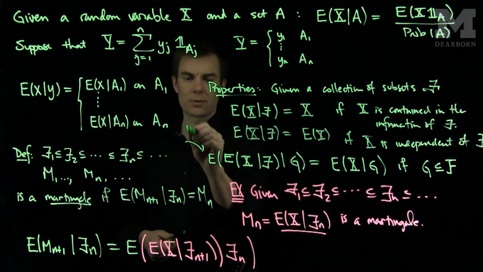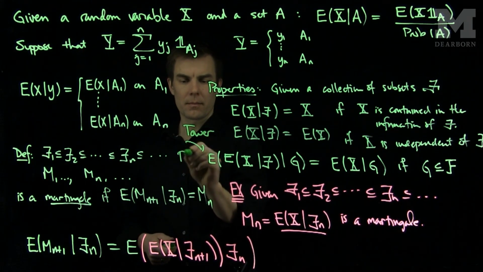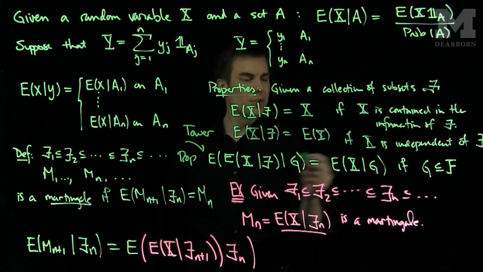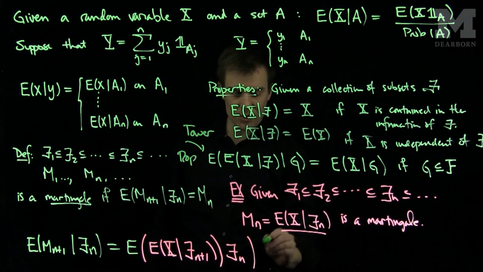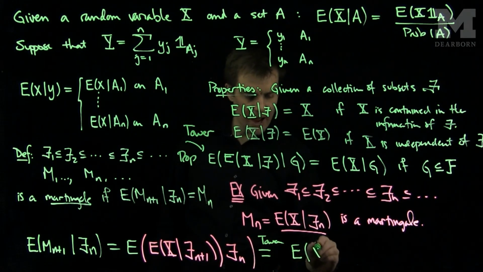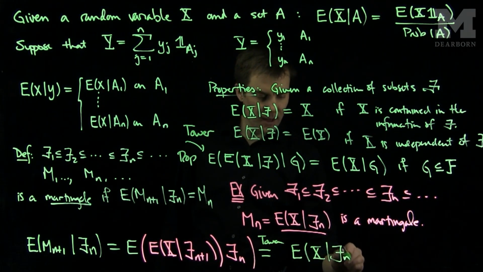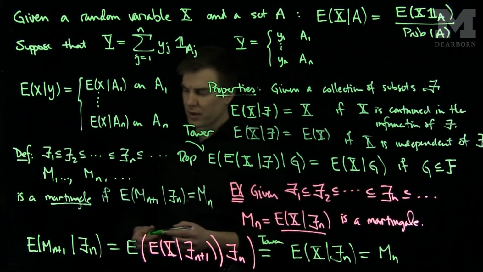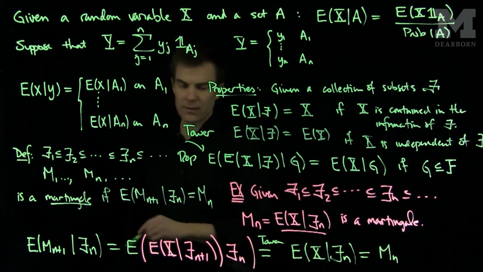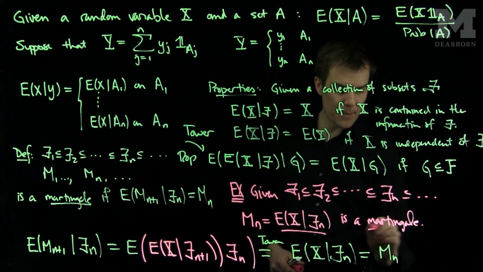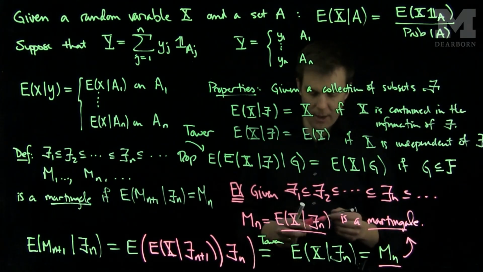The Tower property tells me that I choose the smaller of the sigma algebras of the information set. So this will be equal to the conditional expectation of x given Fn, and by definition that is Mn. So I've shown the conditional expectation of Mn plus 1 given Fn is Mn, and this tells me that Mn is in fact a martingale.